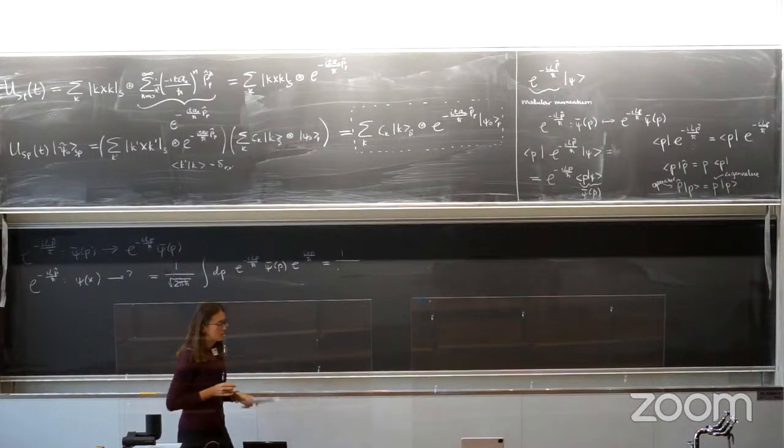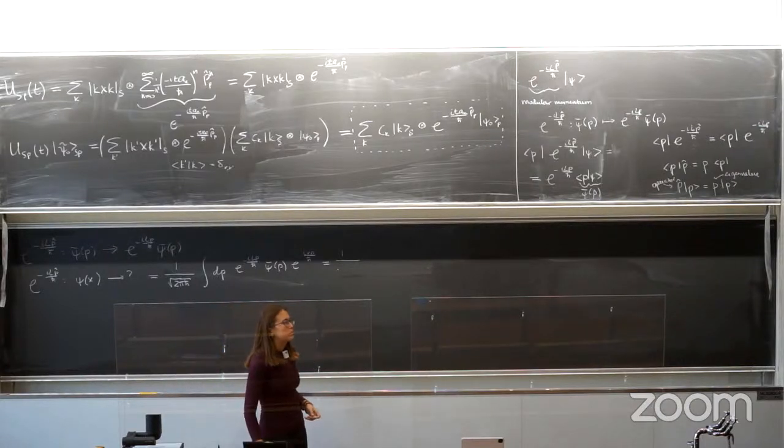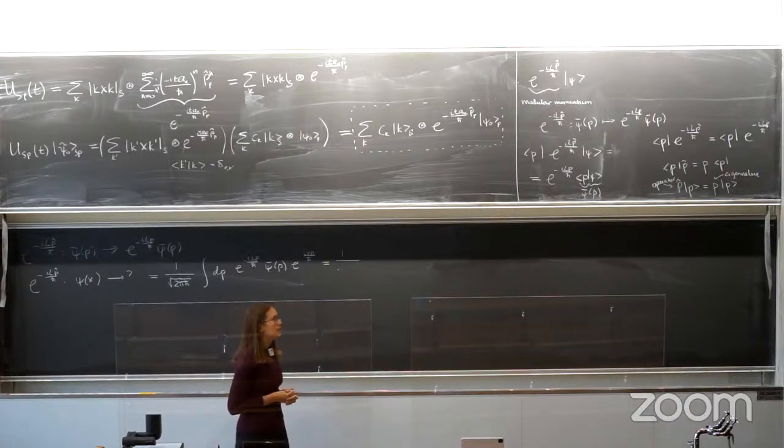Yes, but it's both systems that evolve in time. Exactly. So what did the meter give us at the end? The joint state. Not the meter. It's that we have a pointer here. I'm afraid I don't quite get your question.